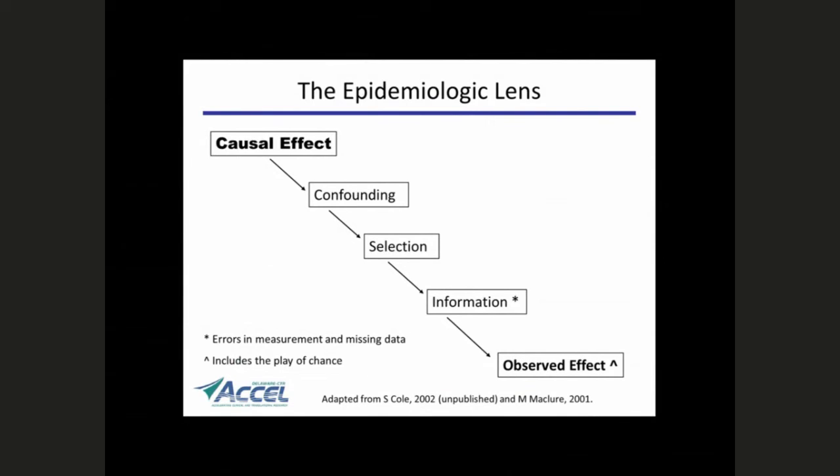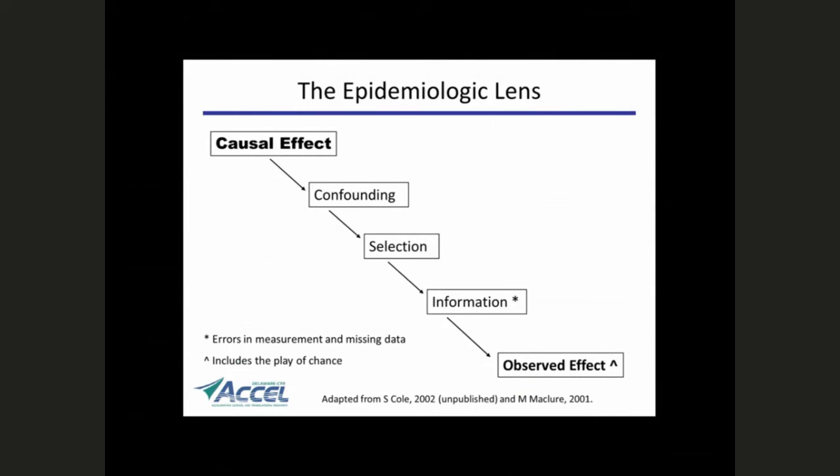And then I think about something like confounding: what are the other reasons why I might see this association? Through those three important pieces, information, selection, and confounding, I can think about how much confidence I have that the observed effect is close to the causal effect.